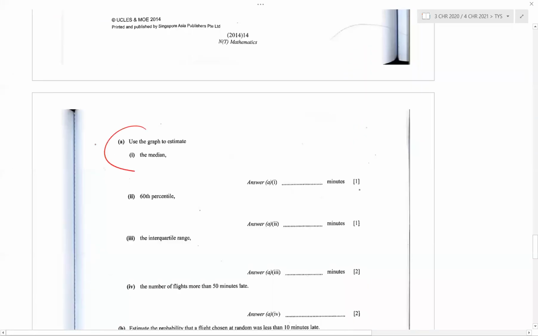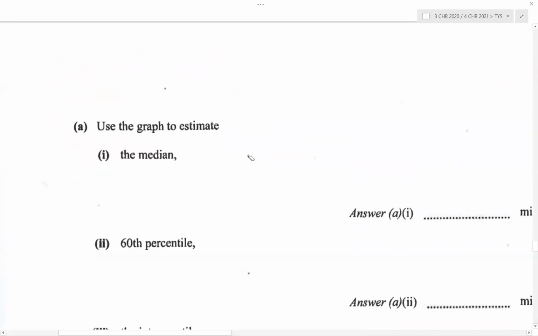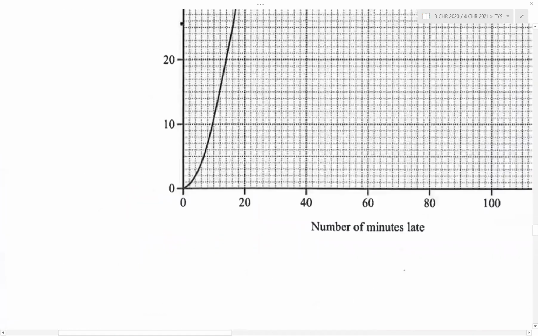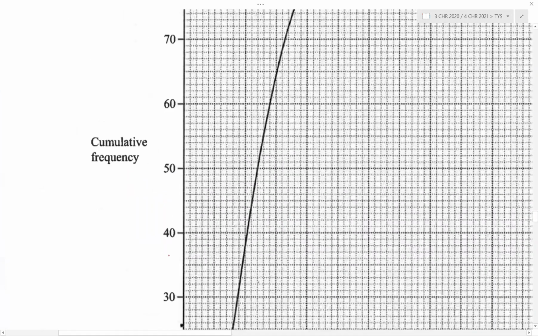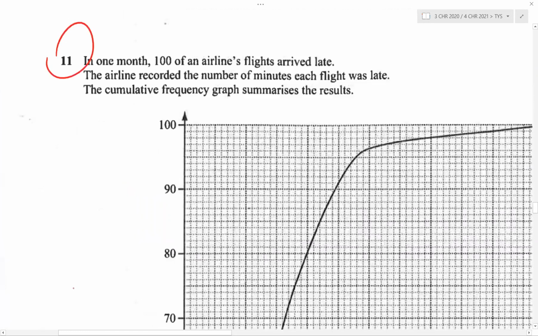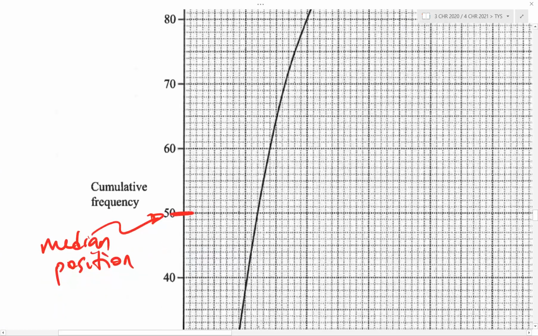So part A, to find the median. So must find the median position first. Median position will be our halfway point. There are 100 flights over here, total 100. So median position is 50. Then we must find its value.